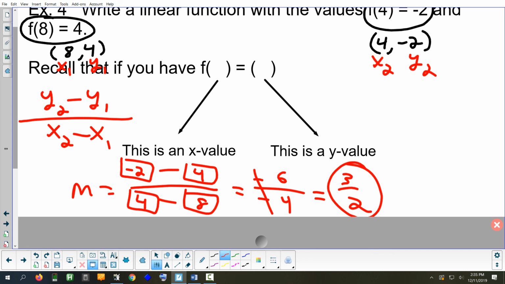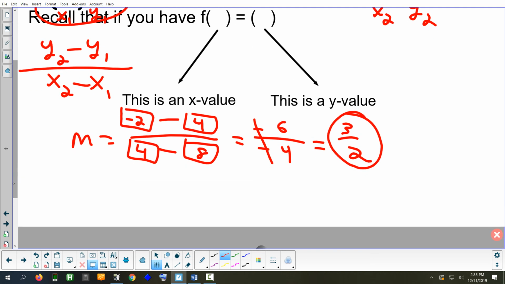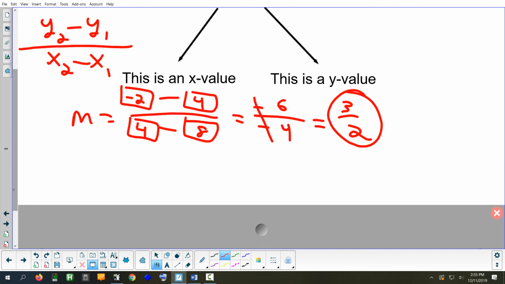Now, to write it in point slope, you need the slope, and you need what? What do you need besides the slope? You need a coordinate. How many coordinates did they give me? 2. Pick any one you want. 8, 4. Okay, so let's write our final answer. How does the formula start?